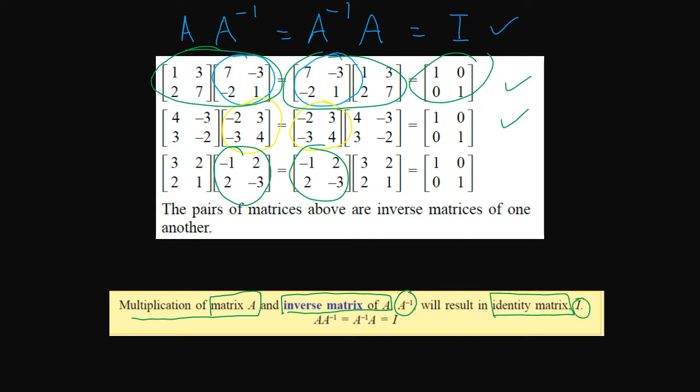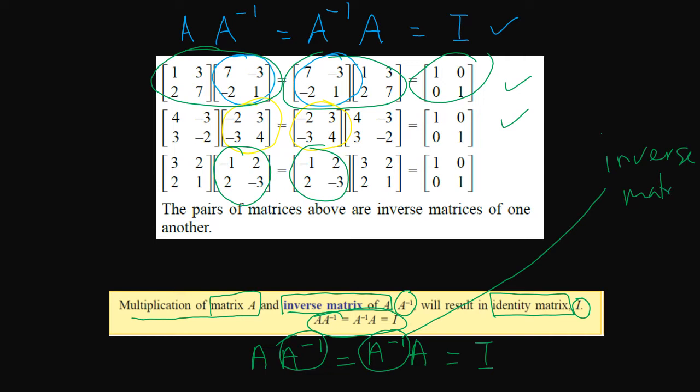You call it I. So you can write it like this: matrix A times the inverse matrix, or the inverse matrix times the matrix, you'll get the identity matrix. So you call these inverse matrices.